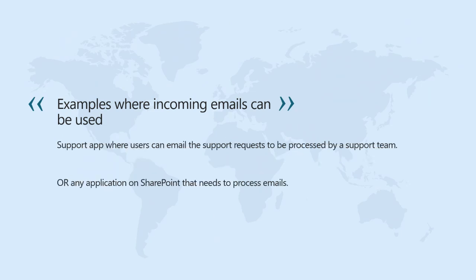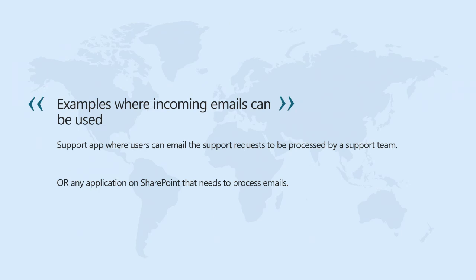One of the most common scenarios is that you don't have a support or help desk system implemented, and if you're looking for a small solution to implement a help desk system over SharePoint, what you can do is make the library email enabled. When users send emails to the help desk to get support, the emails arrive in the library, and the help desk agents monitor that library to see what emails have arrived from the users.